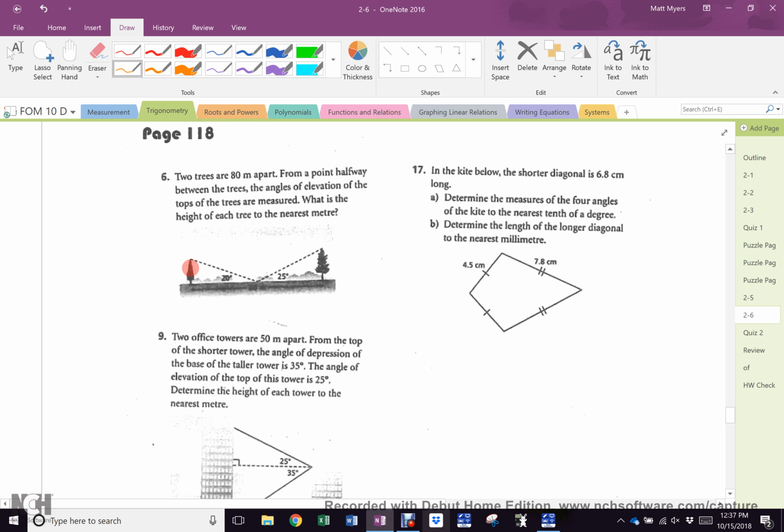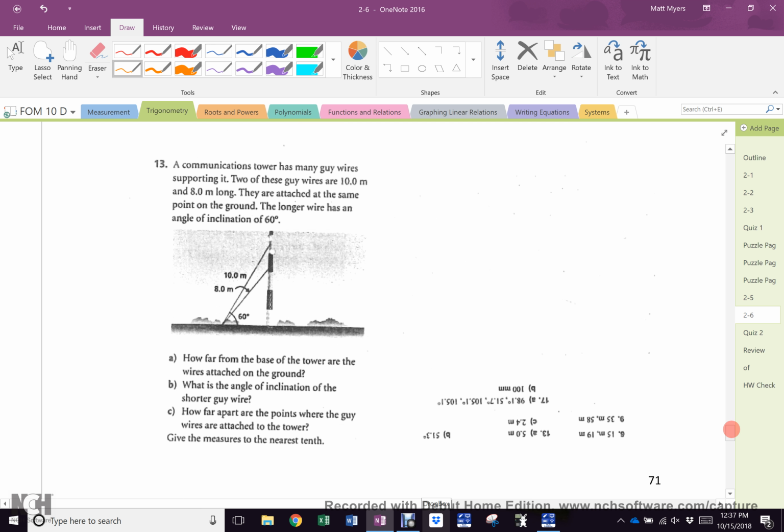I will be anything from 71. 13. All right. What do you have there? A triangle that has 10 and 60. What do you have there?